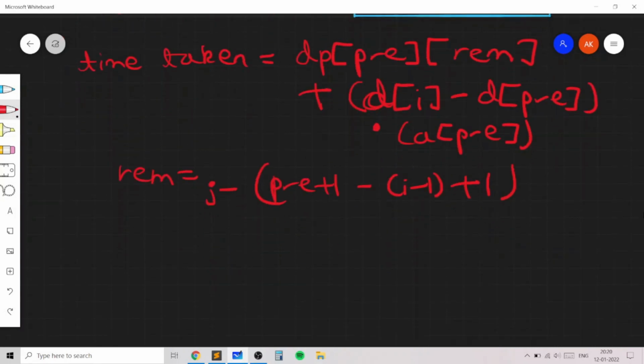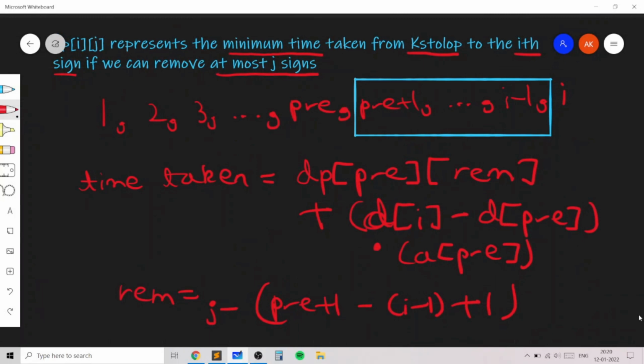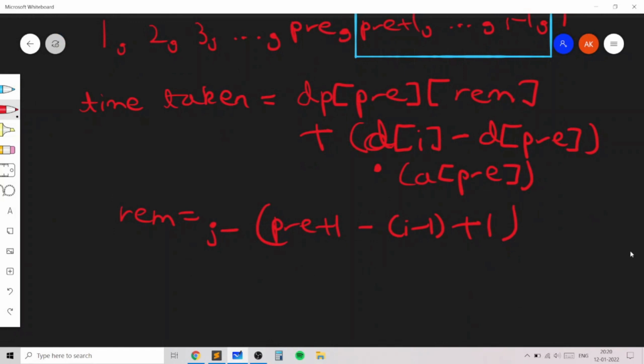So this is where the recurrence gets a bit complicated. That's why you need to patiently work this out. And this remaining number of signs which you can take out, if you reduce this expression, you'll basically get j minus pre minus I and minus 1.